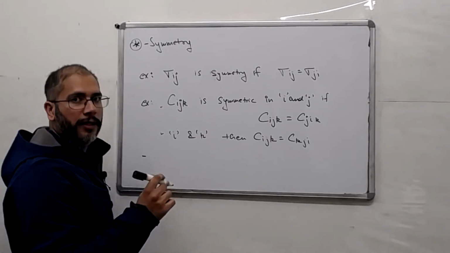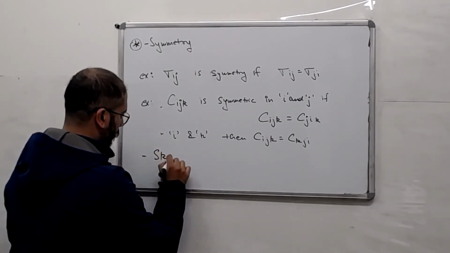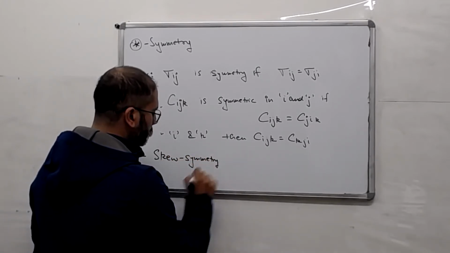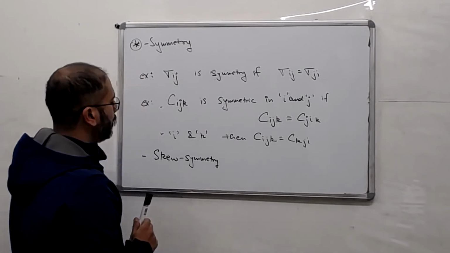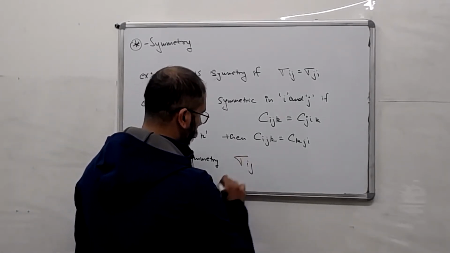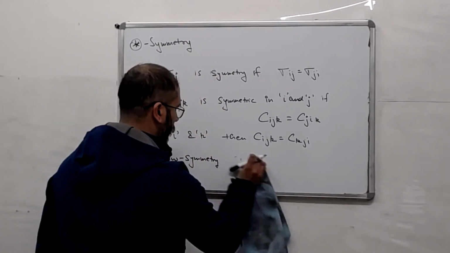The second part of this idea is called skew symmetry. So we say sigma ij, well, let's use a separate line for this.